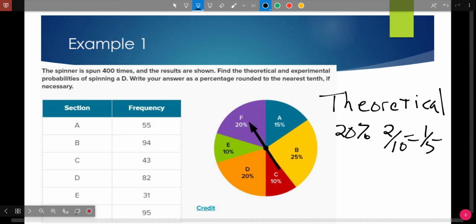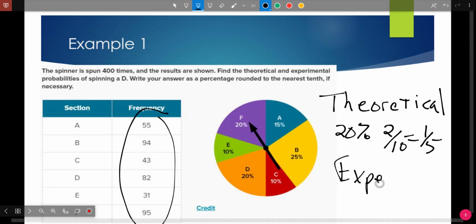The frequency is based over here. So the experimental data is based on how much it actually happened. And experimentally, D came up 82 out of the 400 times. And so I would take a calculator, or I could reduce it.